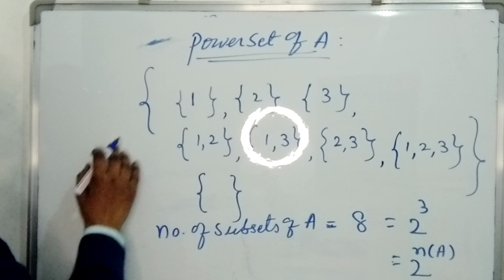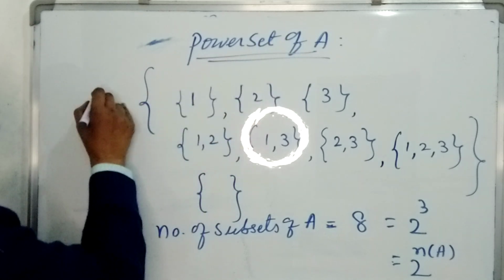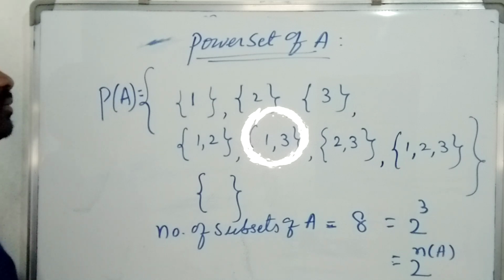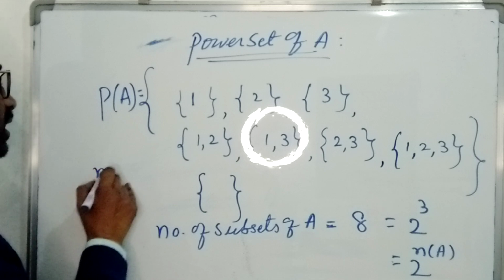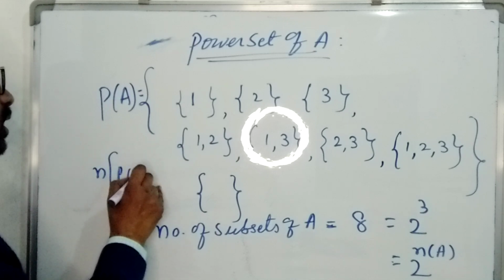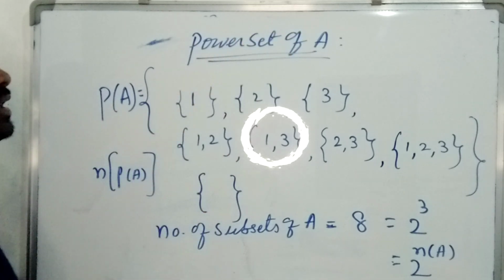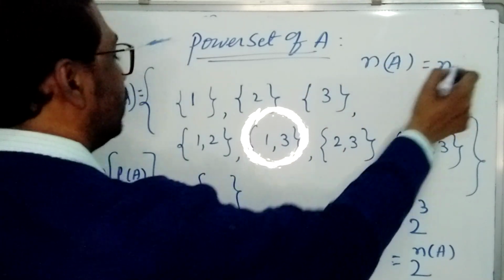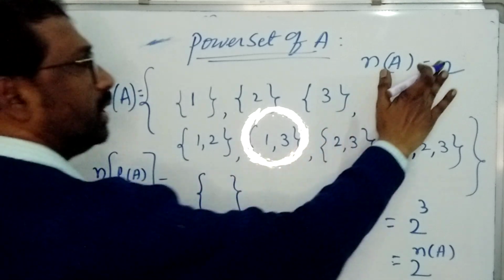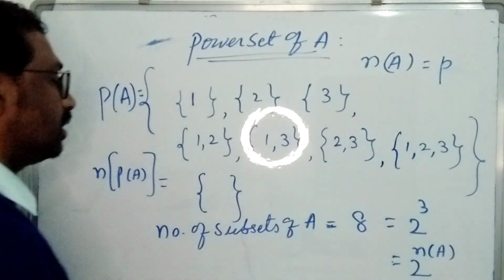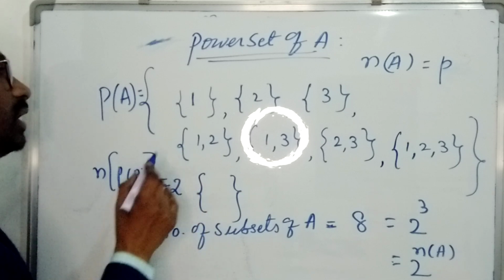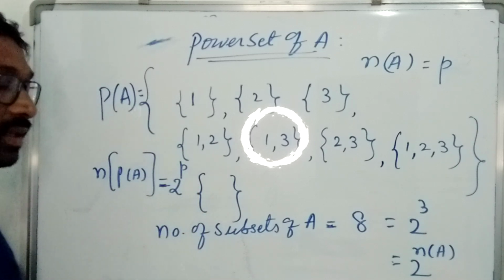This set is called the power set of A. It is denoted by P of A. So the number of elements of the power set is equal to the number of subsets of the set A. Suppose a set has p elements, then the number of elements of the power set is equal to the number of subsets of that set, that is 2 power p.